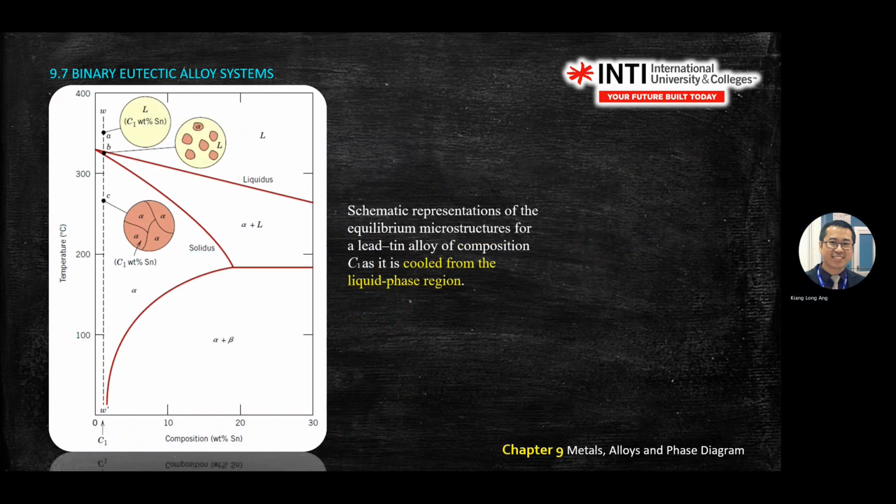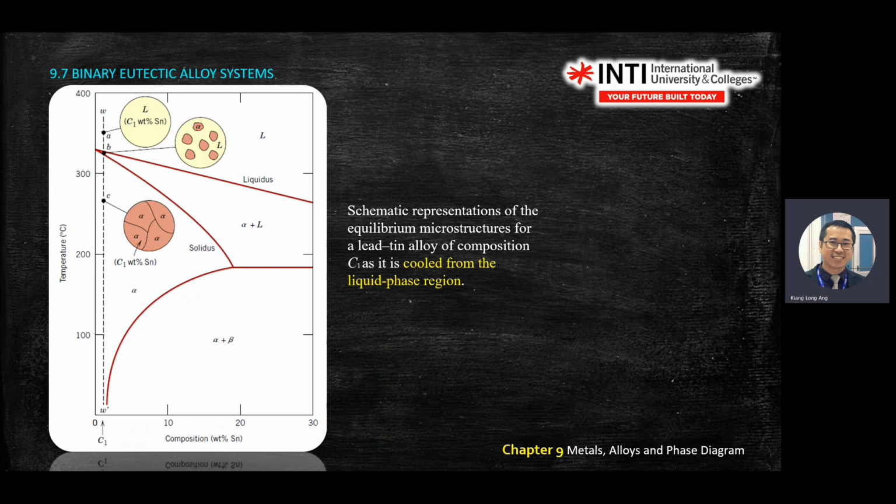So here, on the top is liquid, bottom is alpha plus beta, and on the left pocket you have alpha solid, and then alpha plus liquid here. If you look at this dotted line, if you drop the temperature from top to bottom, you see the formation from point A, point B, point C. You see the difference in the solidification process.